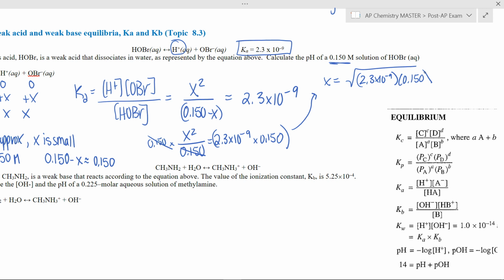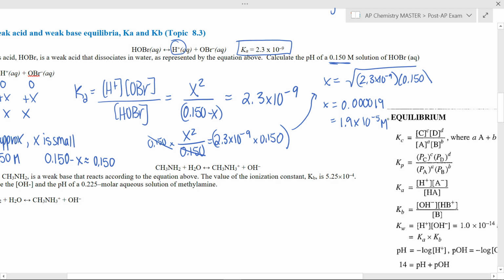All right, so my X is going to be 1.9 times 10 to the negative 5th molar.